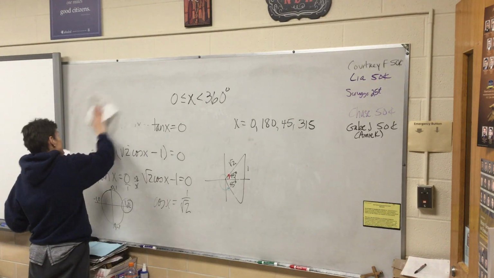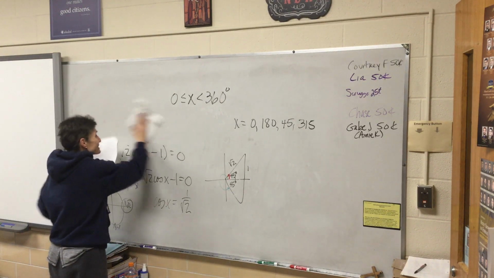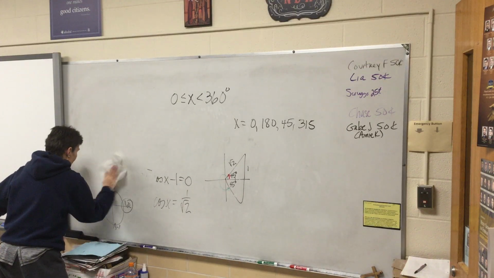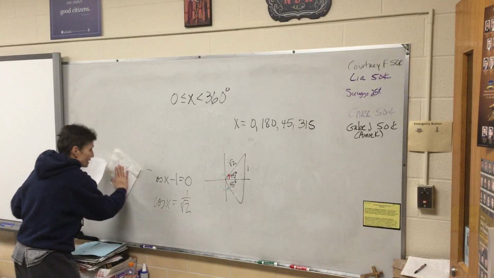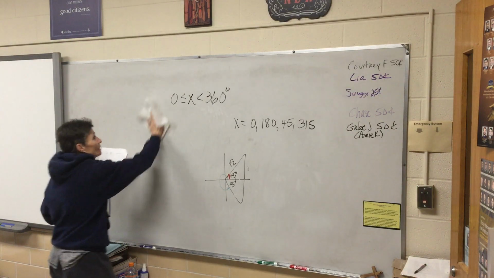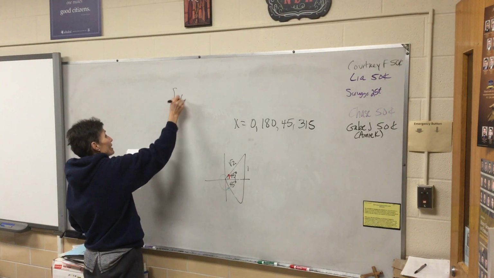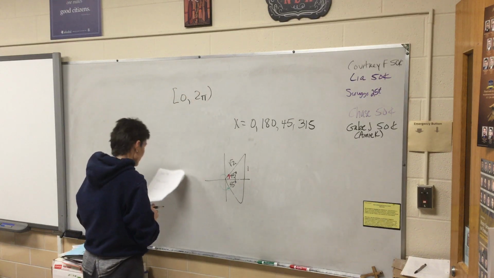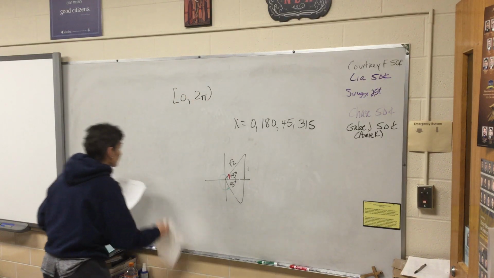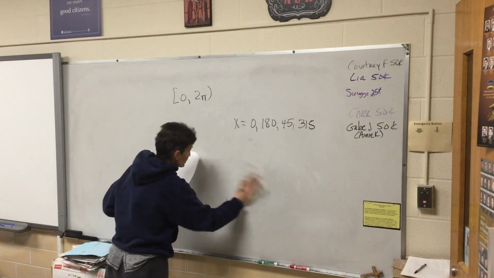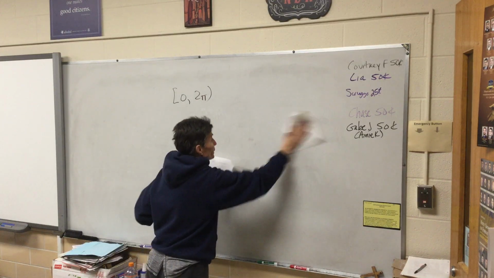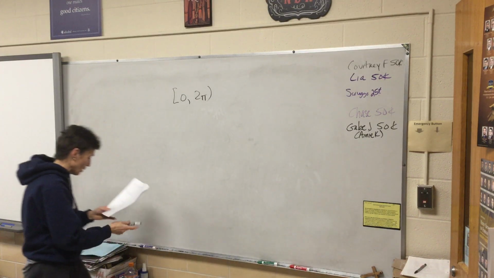Okay, now the next one is exactly the same, except we're doing it in radians. So we're still going once around, but now our answer will be in radians, which doesn't change anything about how we do it. We're going to do everything the same way.